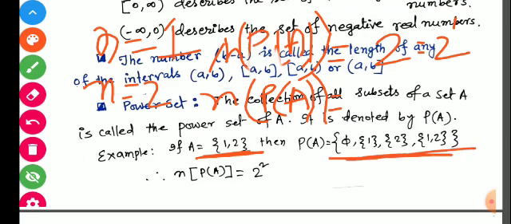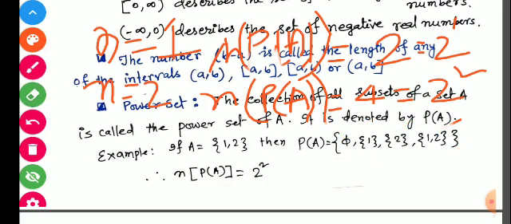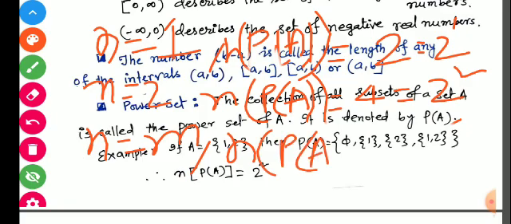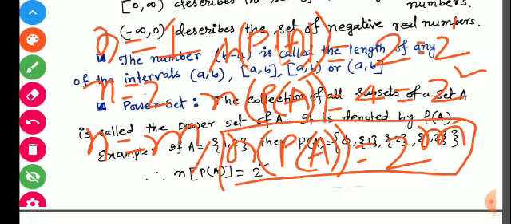In our collection of subsets we have a total of 4 elements. So 4 can be written as 2 squared. Similarly, if we have n equal to m elements, then the order of the power set will be 2 to the power m. This way we got the formula for the number of elements of the power set.